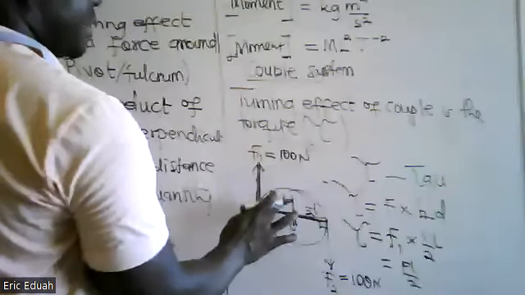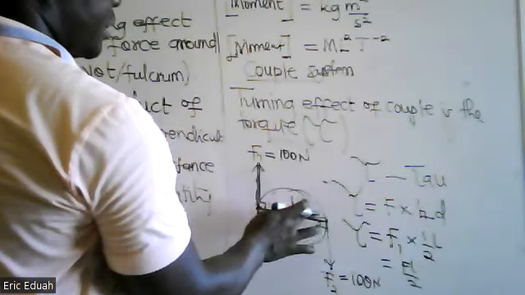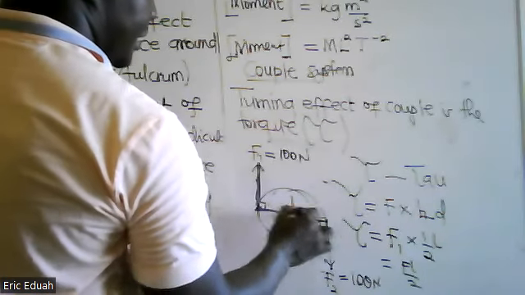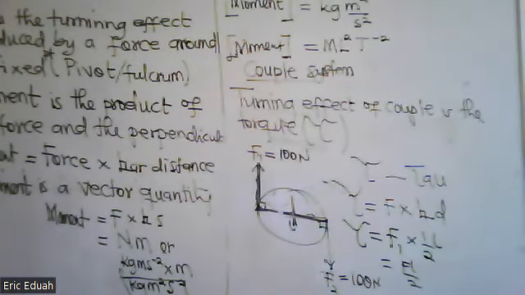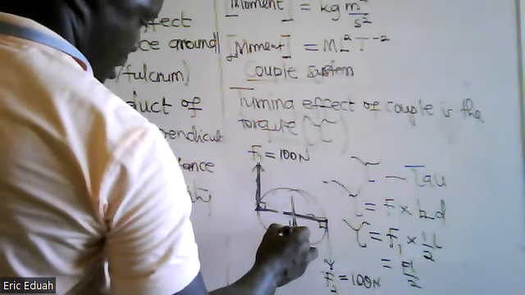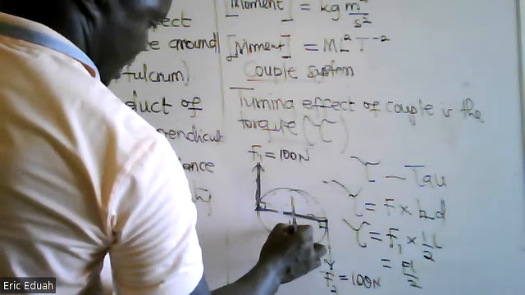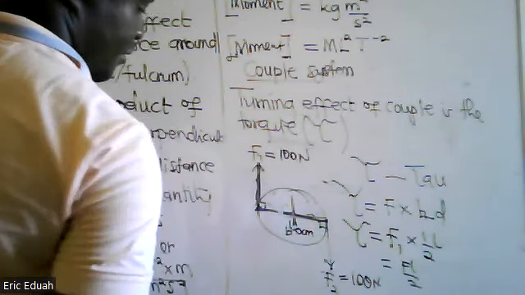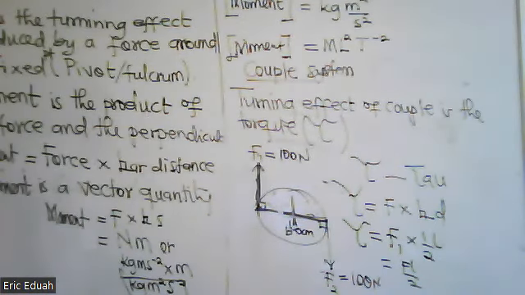Then the length, the common line or the distance between them, is maybe 50 centimeter, which is also half of a meter, right?